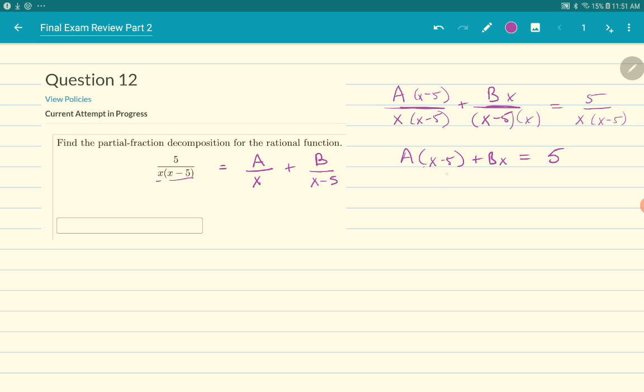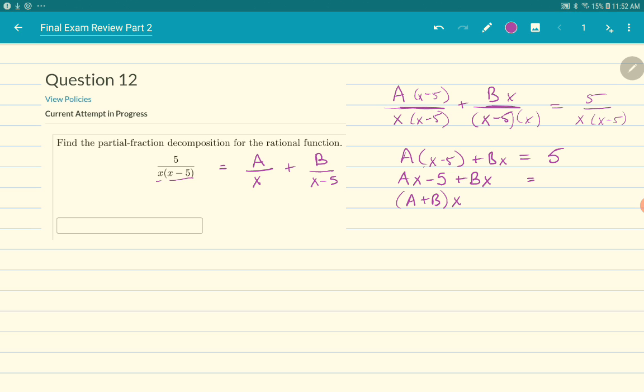Okay, now solving for a and b. Let's start with the left. Let's distribute and get rid of these parentheses, and then I want to combine like terms. I have two terms that have an x. If I try to combine those, I'd have to add the a and b together.